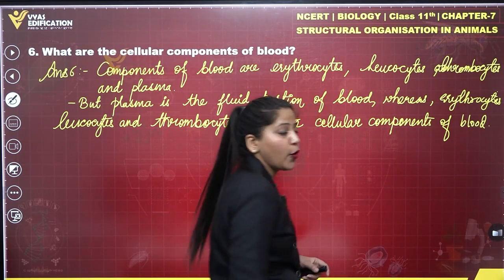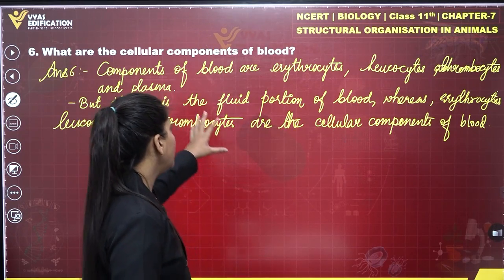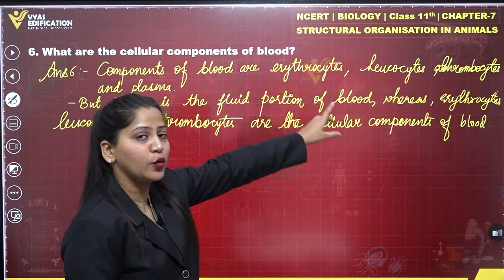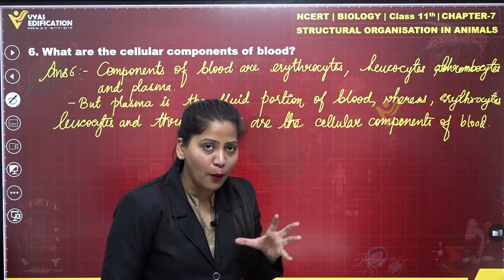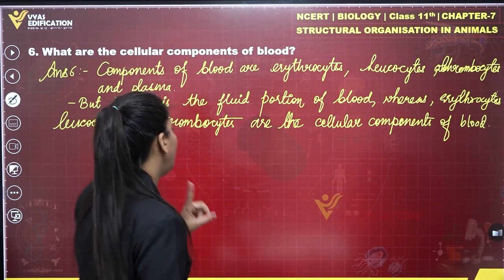Among all these four, erythrocytes, leukocytes, thrombocytes and plasma, erythrocytes, leukocytes, thrombocytes are the cellular components of blood, whereas plasma is actually the fluid portion of blood, right?